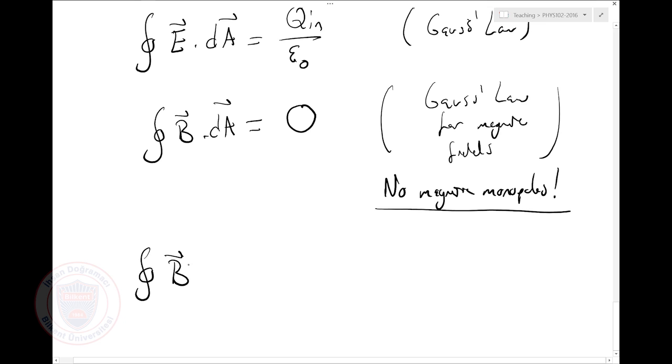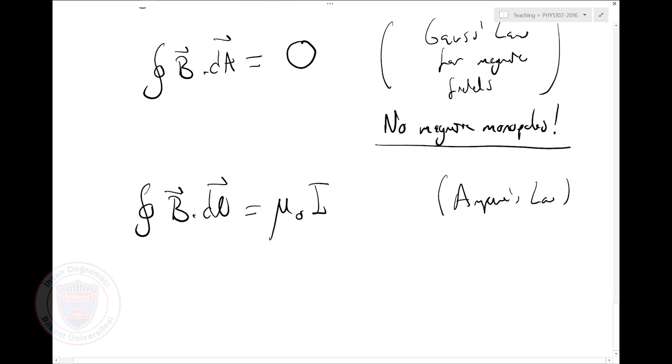So let me write down another law. B dot dl is mu 0 I. This is Maxwell's third equation. But you know it by another name. This is Ampere's law. And how about this?